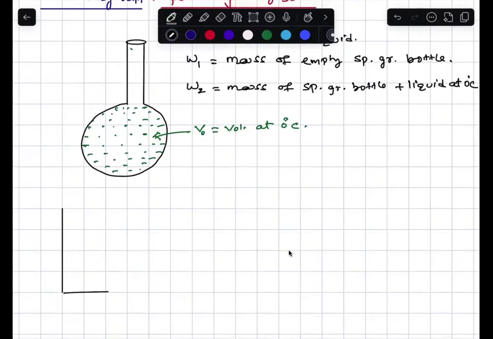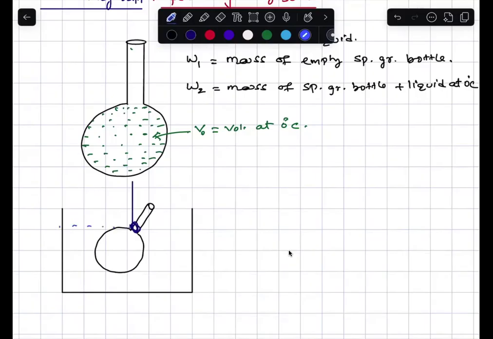It's a water tub, a beaker otherwise. And here is my specific gravity bottle, which I hang, holding it like this.